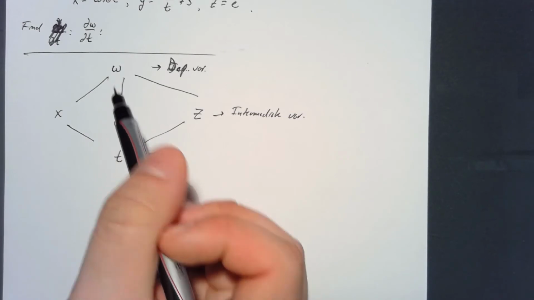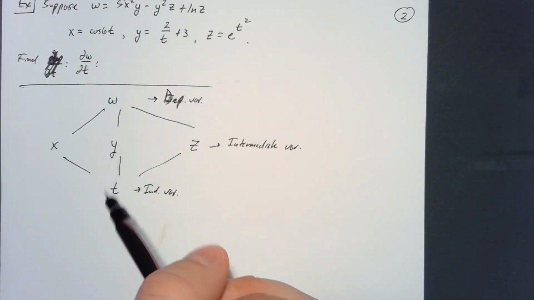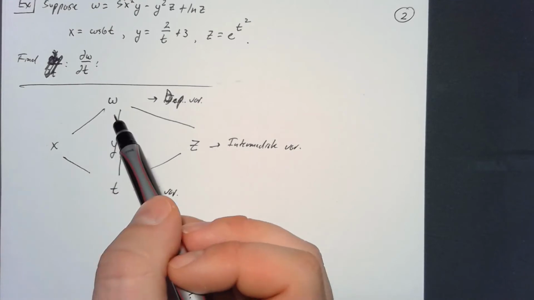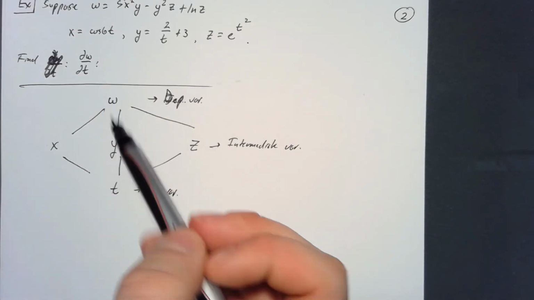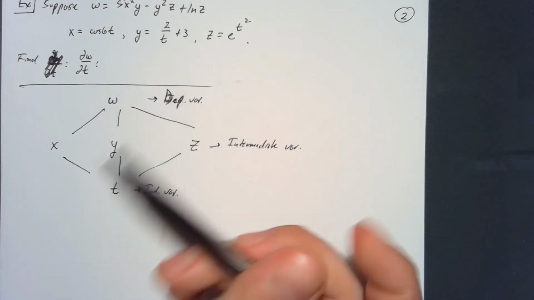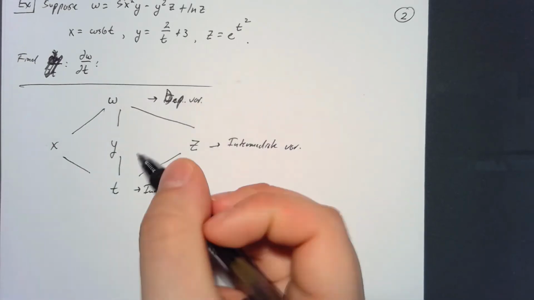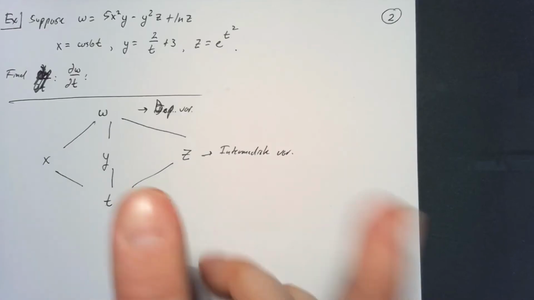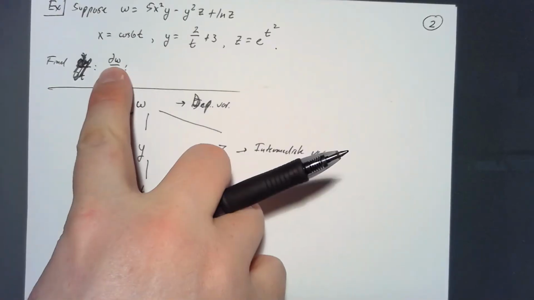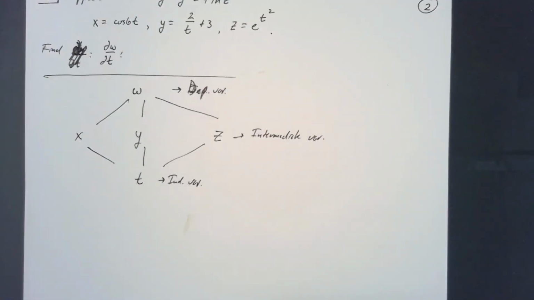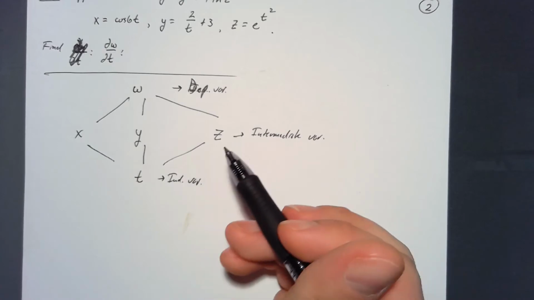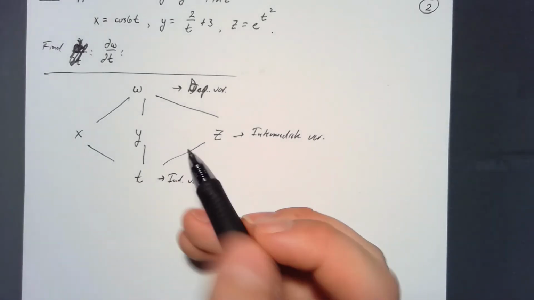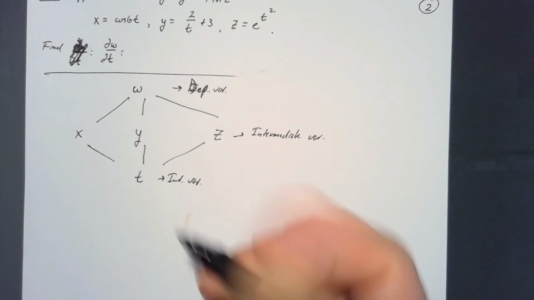Since my intermediate variables were in terms of one variable only, my whole dependency diagram ends up being the derivative of the whole function. It depends on how many intermediate variables and independent variables you have, but making the dependency diagram makes it all make sense.